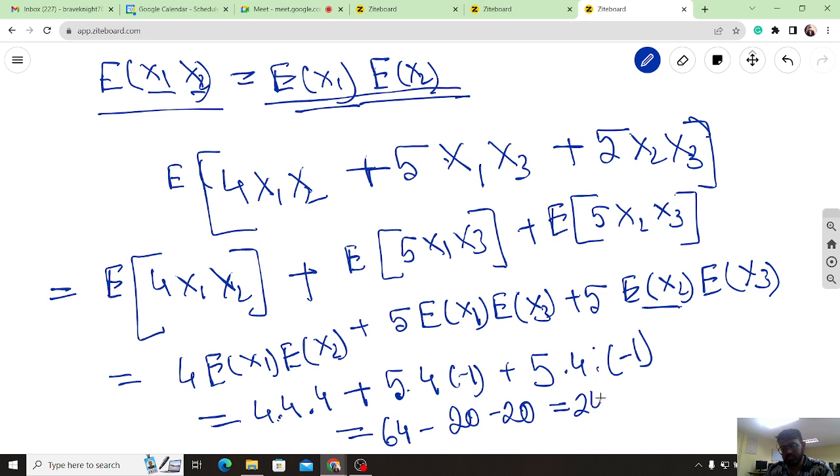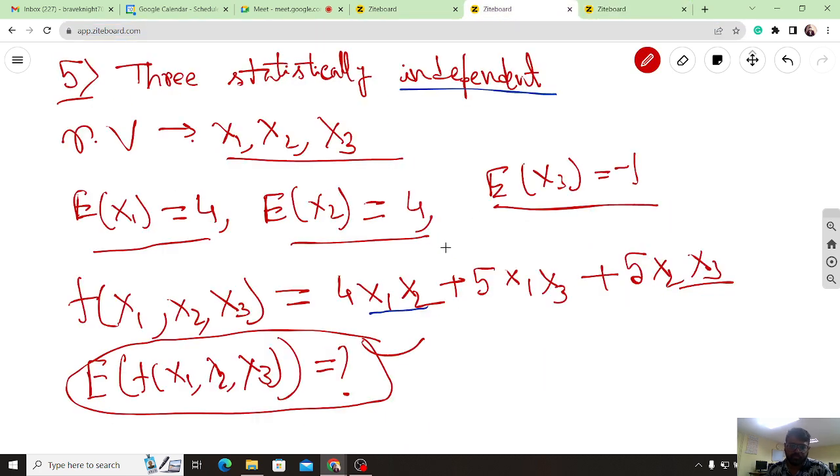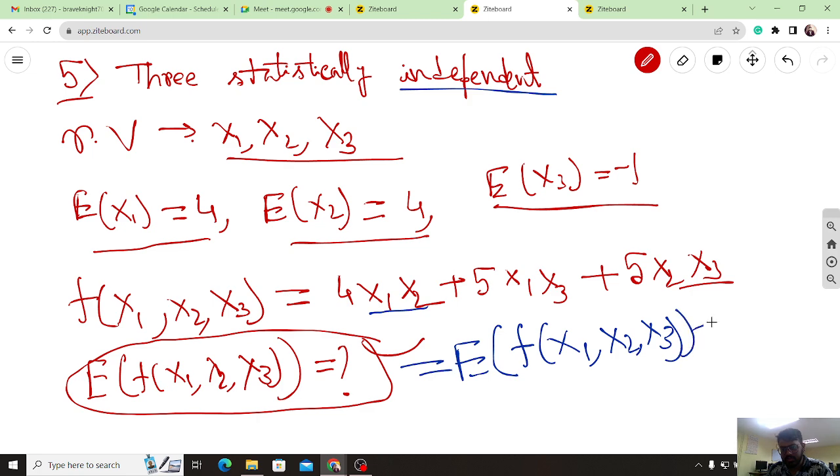So this is 24. The answer is expected value of f of x1, x2, x3 is equal to 24.